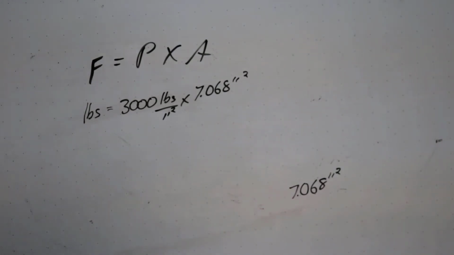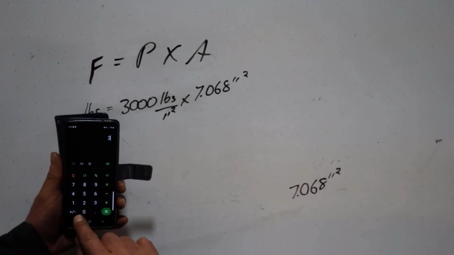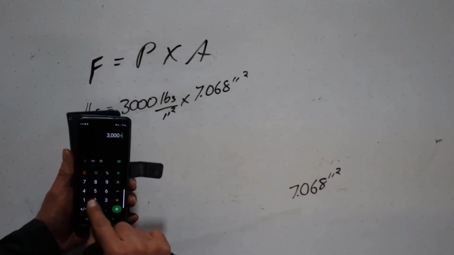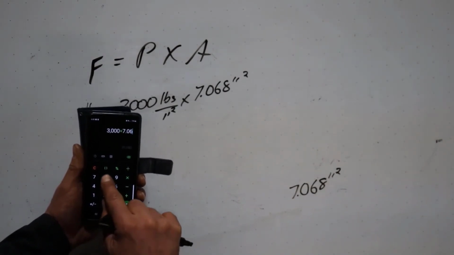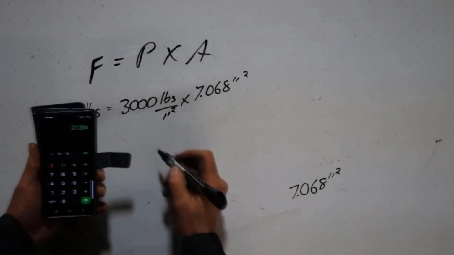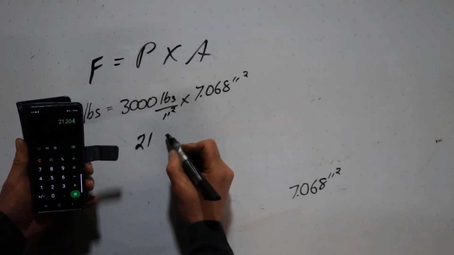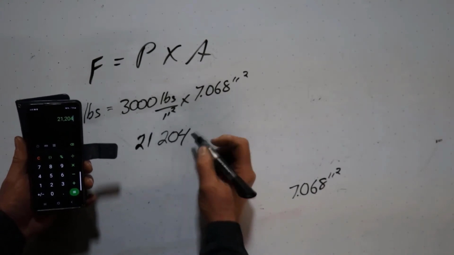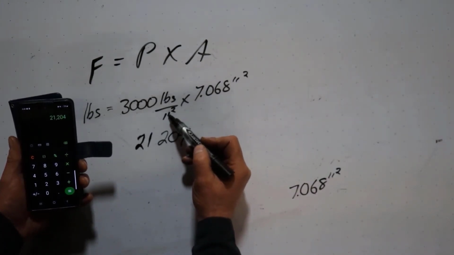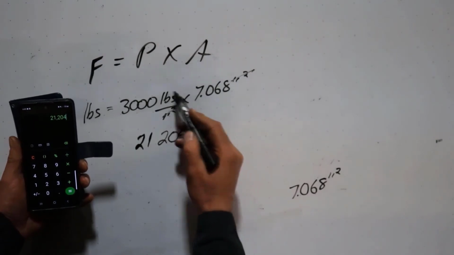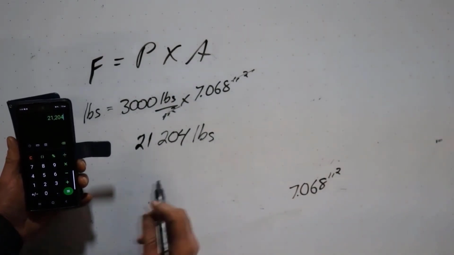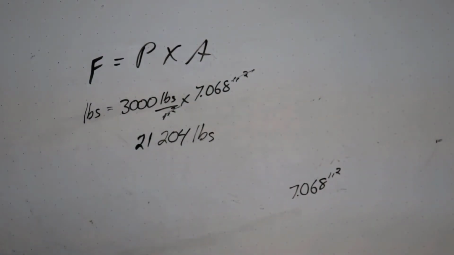So we multiply those together. 3,000 times 7.068 equals 21,204. So we got pounds divided by inches squared times inches squared. So those cross out, we're left over with just pounds. So 21,204 pounds of force our cylinder will put out with the current loader's hydraulic system.